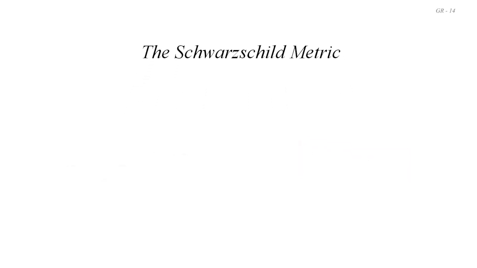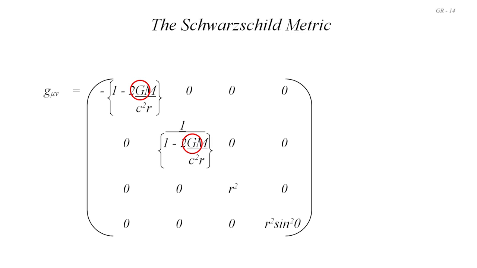The Schwarzschild metric tensor for our four-dimensional spacetime was shown, or rather stated with some justification, to be this, where capital G is the universal gravitational constant, capital M the mass of the black hole, c the speed of light, and little r the distance away from the black hole.